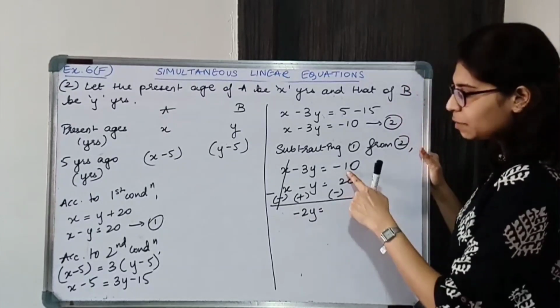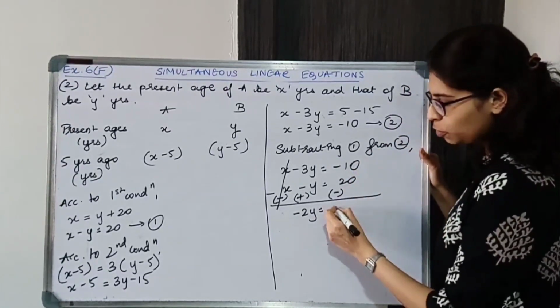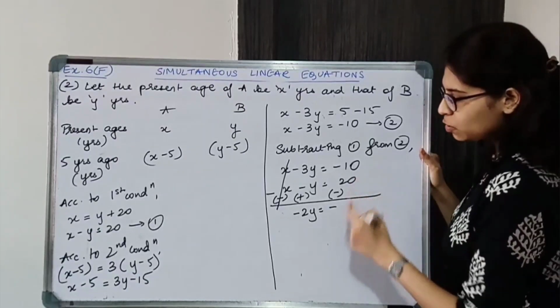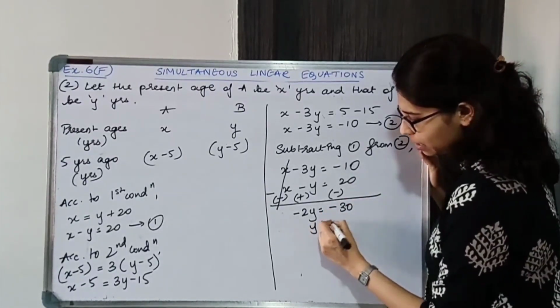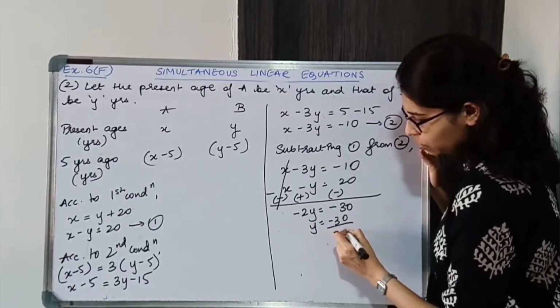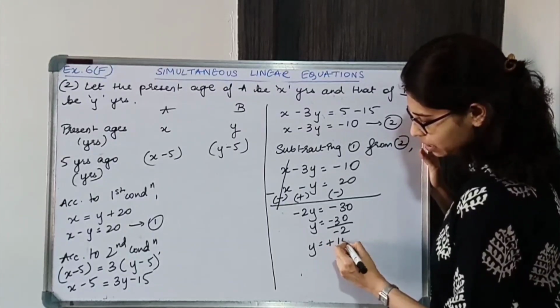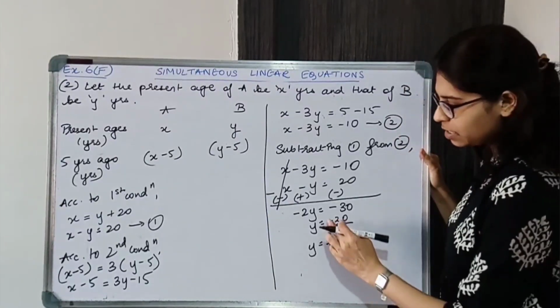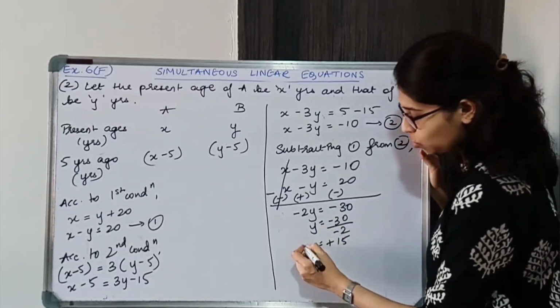Minus 10 minus 20, both are negative, means you will add and put a minus sign. So 10 plus 20 gives 30 and a minus sign. So y is equal to minus 30 upon minus 2. So y is equal to plus 15, right? Minus minus becomes plus here. Please don't cancel out, mathematically it is wrong.